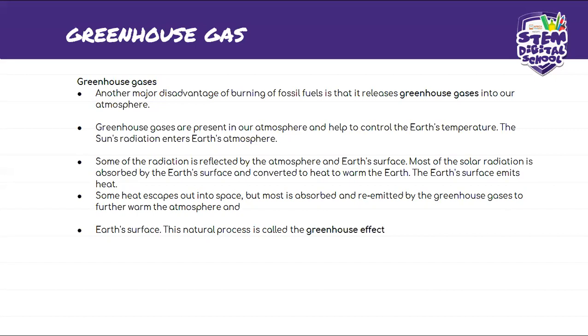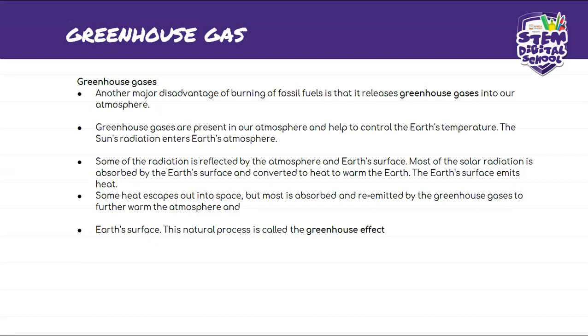The sun's radiation enters the Earth's surface. Some of the radiation is reflected by the atmosphere and the Earth's surface. Most of the solar radiation is absorbed by the Earth's surface and converted to heat to warm the Earth. The Earth's surface emits heat, so some heat escapes into space, but most is absorbed and re-emitted by the greenhouse gases to further warm the atmosphere.